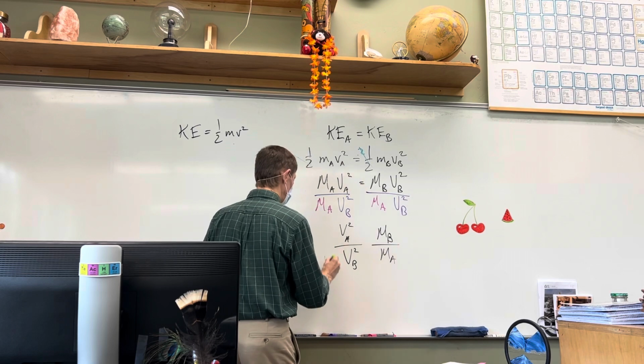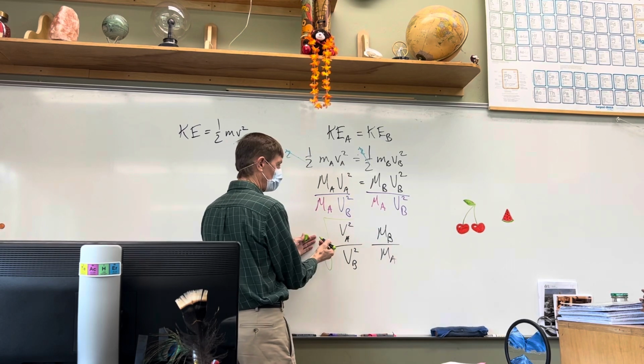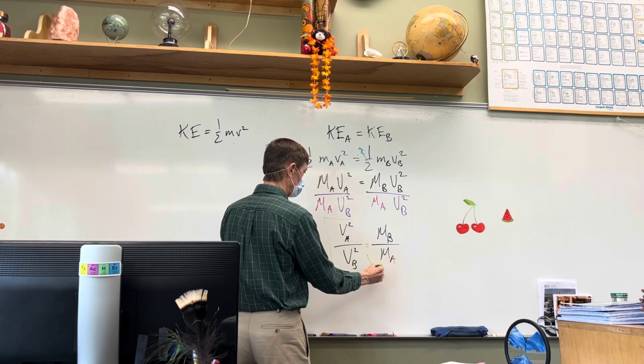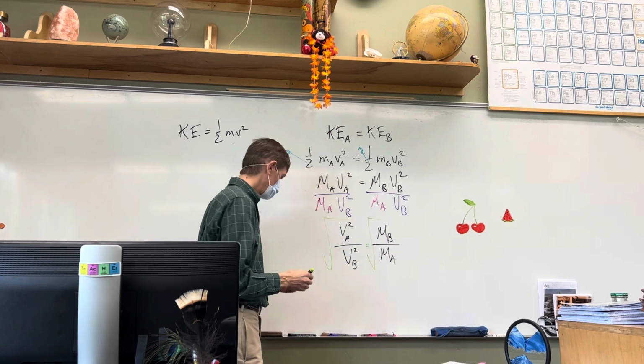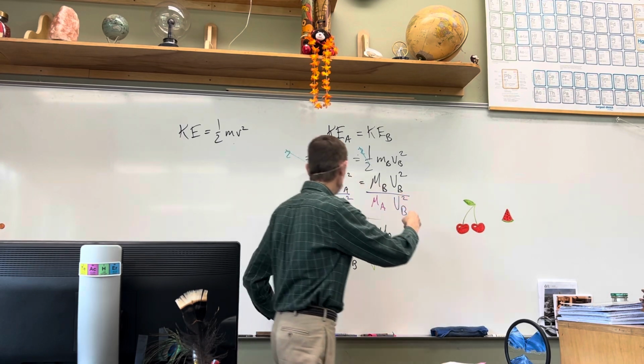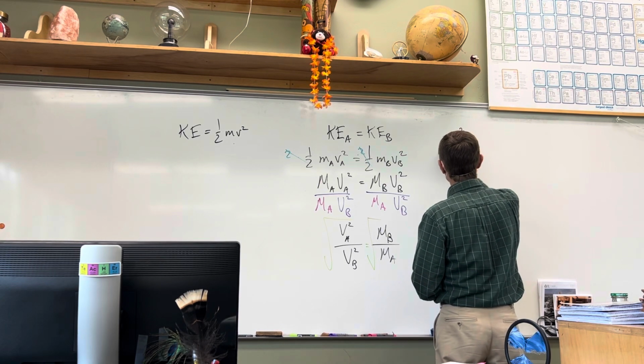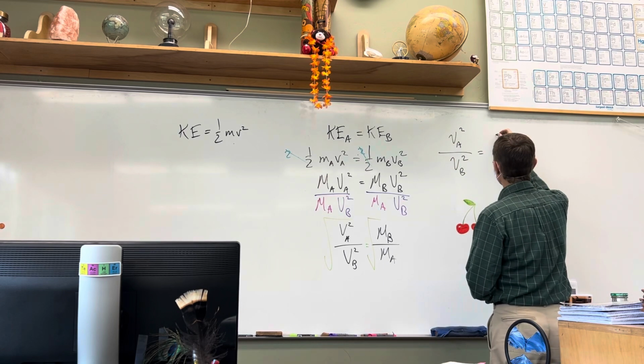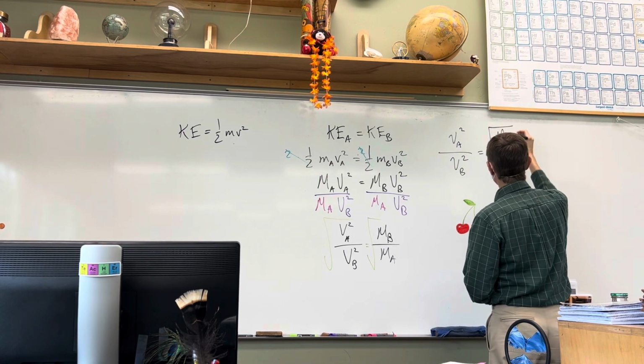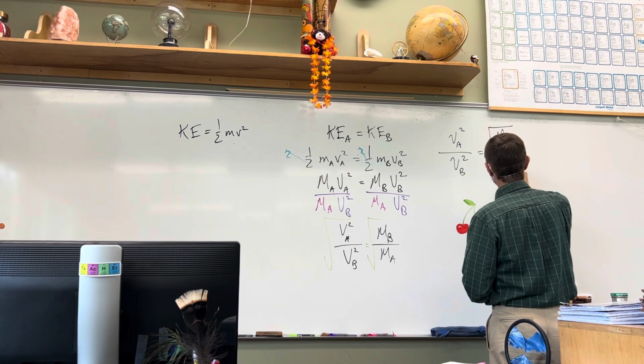We can square root the whole thing. If I do that to one side, I got to do that to the other, right? So I'm going to rewrite this over here as V of A squared over V of B squared equals the square root of mass of B over the square root of mass of A.